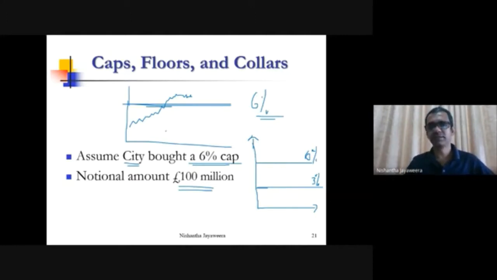The other thing is, in some instances, it may not exactly fit in this city example. If they have cash inflows higher than 3%, they don't worry about paying a minimum 3%. In some instances, if you can pass your cost to your customer, then you don't have to worry.